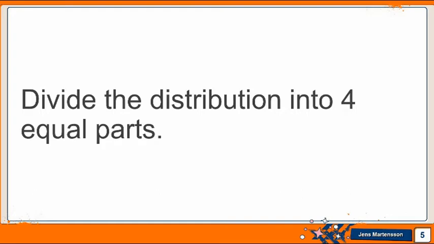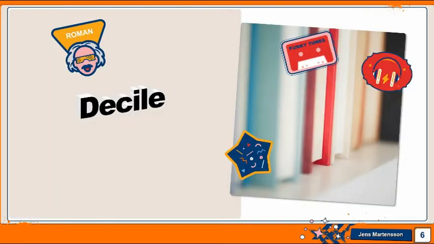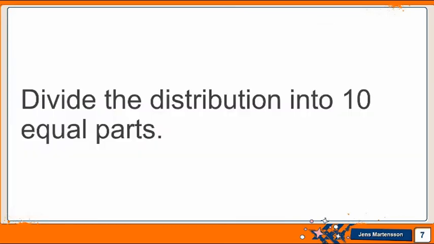Okay? So the next is we have decile. If you're familiar with decagon, which is a polygon that is composed of 10 sides, a decile is also composed of 10 equal parts. So it simply means that when we use decile, we are dividing the distribution into 10 equal parts.